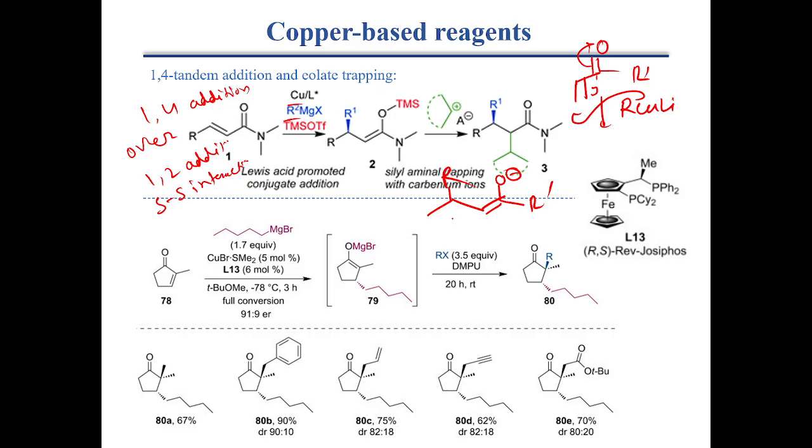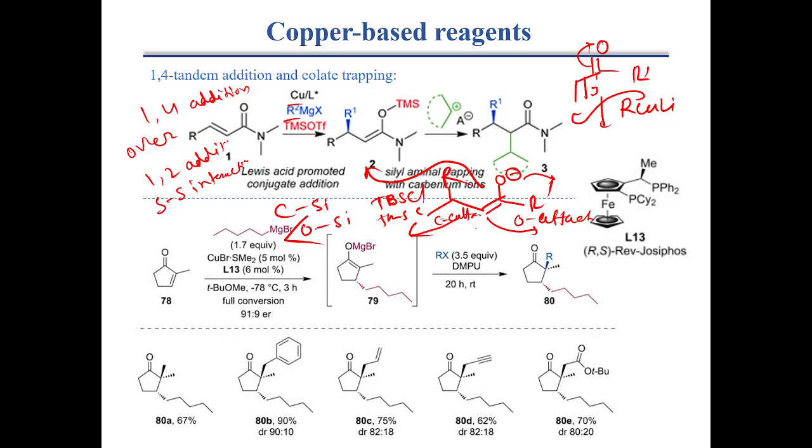Now there are two possibilities. We can trap this enolate through O attack or C attack. If we treat this enolate with silylating agents such as TBS triflate, TBS chloride, TMS chloride, there are carbon and silicon, or oxygen and silicon.